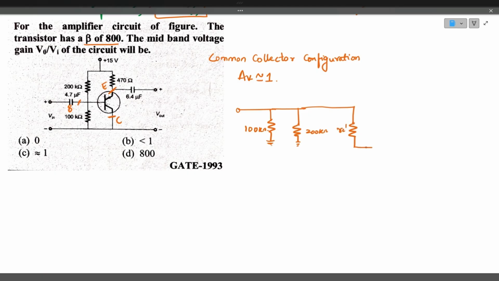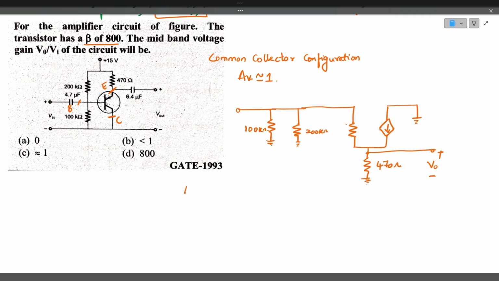This is RE dash, and this is the 470 ohms emitter resistance. The output is collected across the emitter resistance. This is the output.